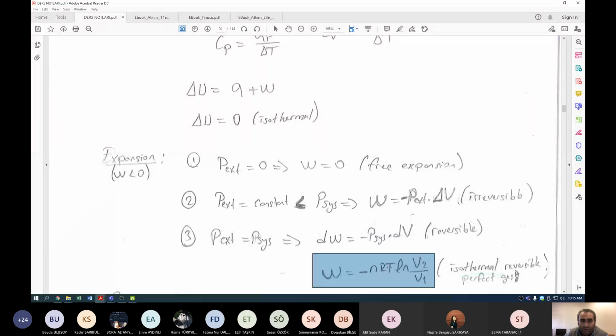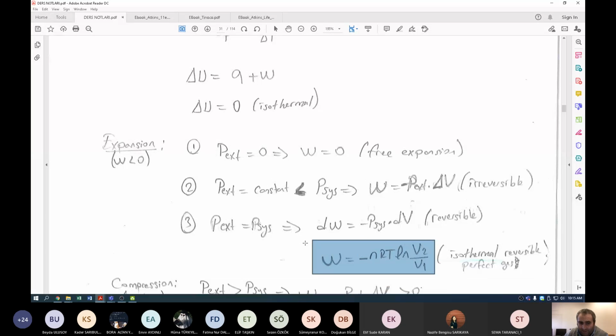Okay, so if we have reversible expansion, an isothermal reversible expansion of a perfect gas is given by this formula. Work is this. Remember, since it is an isothermal process, the delta U is also 0. So this is a minus of this value, which with the plus sign will be the Q.